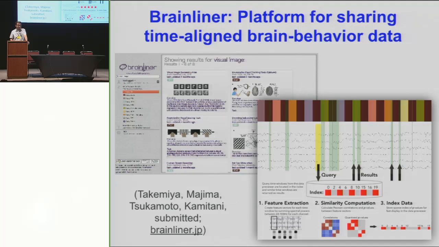We are also developing a platform for data sharing of time-aligned behavior and brain data. For decoding, it's important to have data in a format in which behavior and brain data are aligned.